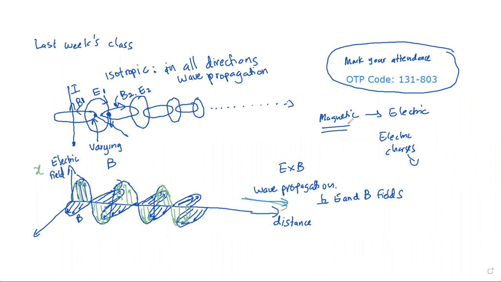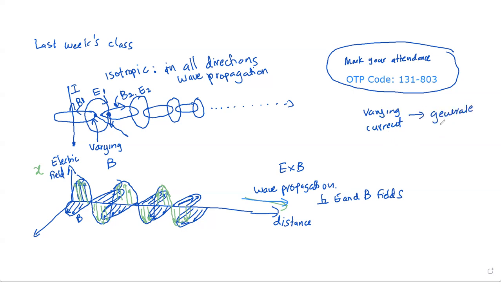Varying magnetism is hard to find. Therefore, we use the varying current as the starting point for generating electromagnetic waves easily. Easy method: a varying current generates a varying magnetic field.